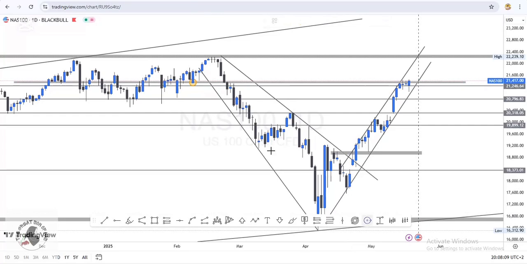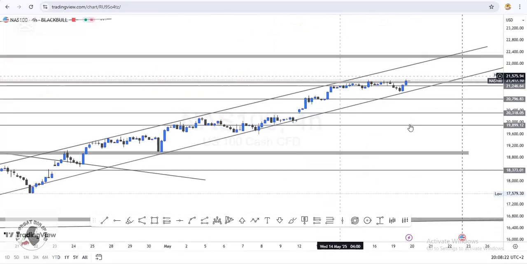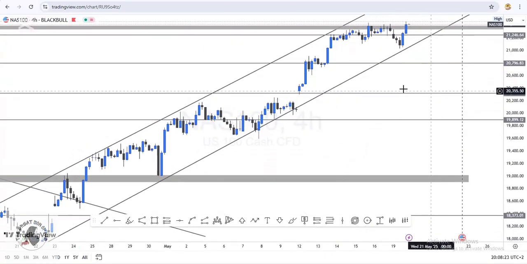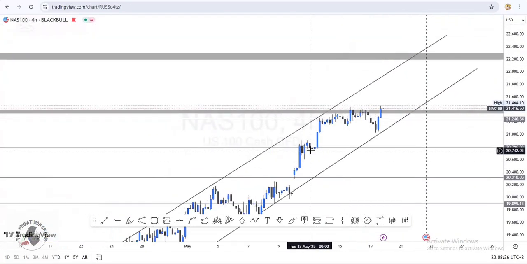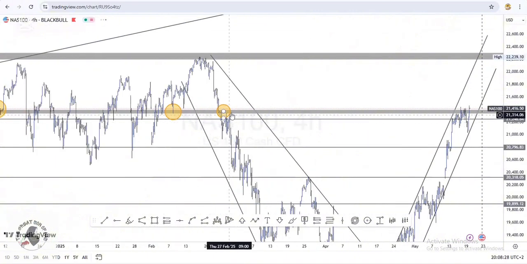Check here. It tells us this is a strong zone, a strong point here. Looking at the current market price, the market is actually above the certain zone, the certain point. You see this point here, this one here.